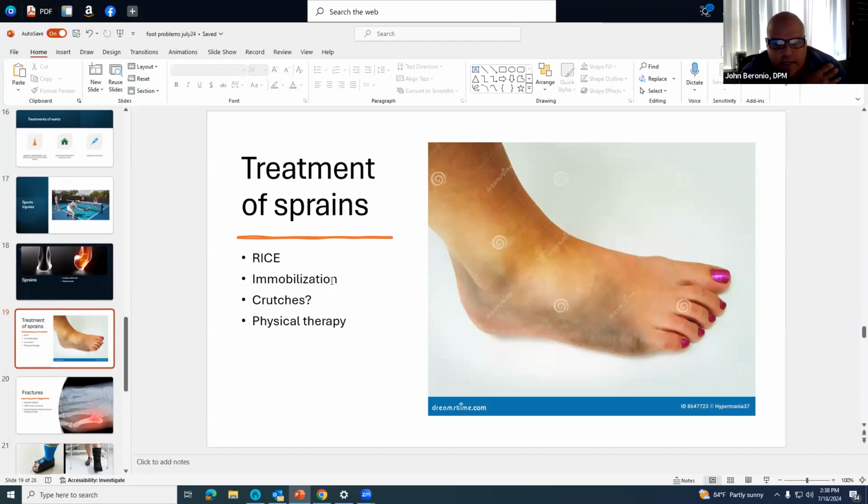Again, the treatment of sprains, and you can see here how swollen the ankle is, and the black and blue. When you have this type of black and blue, that tells me that most likely that ligament, that goes from here to here, preventing your ankle from turning in, is torn. And the only way you can tell that is with an MRI.